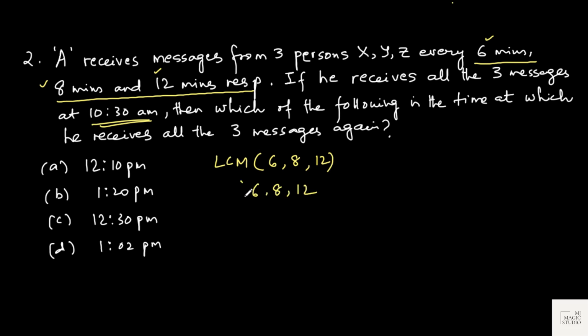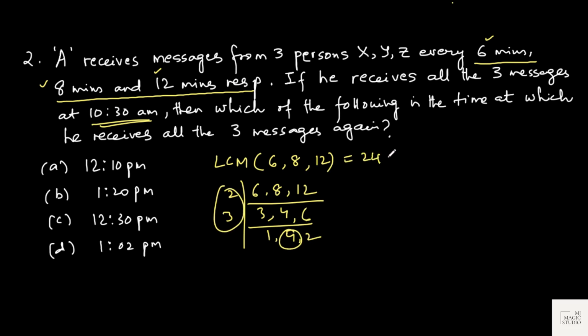Okay, 6, 8, 12. 2, 3 times, 4 times, 6 times, 3, 1, 4 and 2, and here we will get 4. 4 into 6 is 24. So after every 24 minutes, all the 3 messages would be flashing together, isn't it? It flashed at 10:30, then the next time would be plus 24, 10:54.